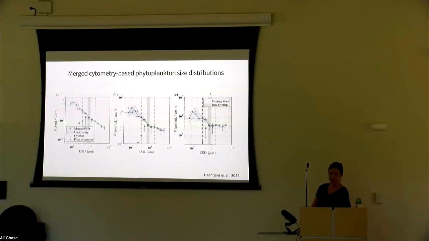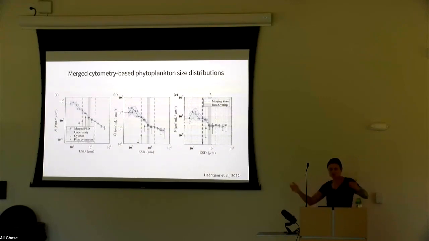Also, imagery and non-imaging cytometry data can be merged together. A nice paper from Niels last year used all the data from the North Atlantic to merge cytometry and imaging flow cytometry to capture full phytoplankton size distribution data. These techniques are becoming more popular, and they're creating large data sets that can be used for in situ validation of remote sensing estimates of phytoplankton size distribution.